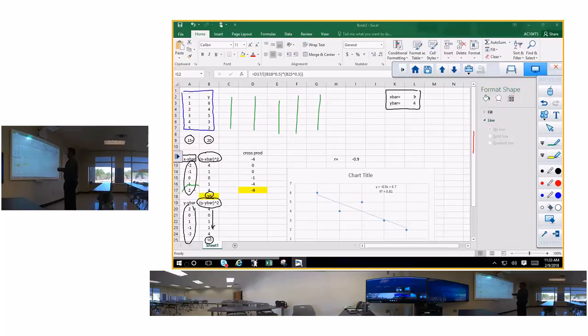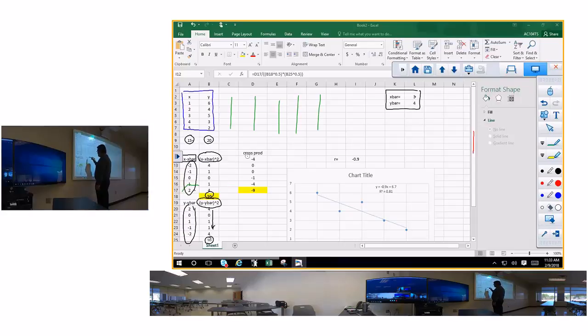Now, what do I do now? Well, you take the cross product of x minus x bar and y minus y bar, and you multiply them and add them up. All right? What do I mean? Well, the cross product is basically x minus x bar times y minus y bar.